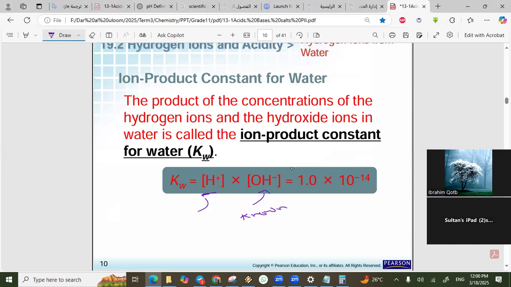If H plus is known, you can calculate hydroxide. Why? Because you know this number. If you forget it, you will never be able to answer the question. I'll give this symbol a name, ion product constant for water, Kw, H plus times OH minus.